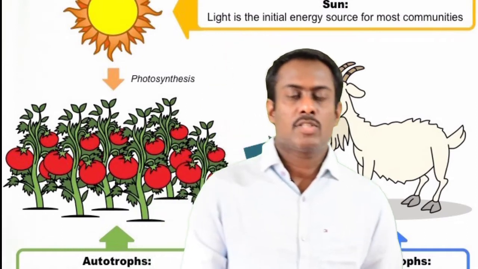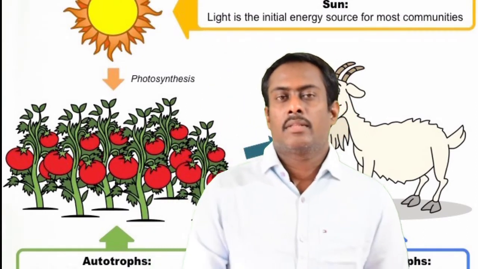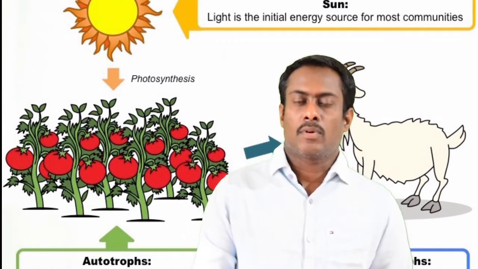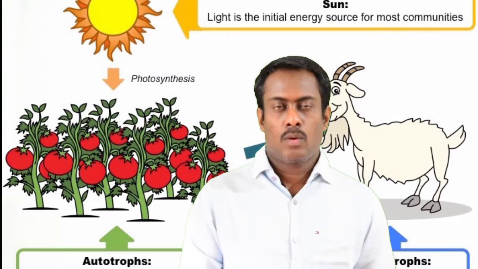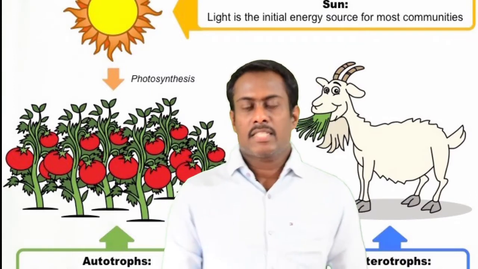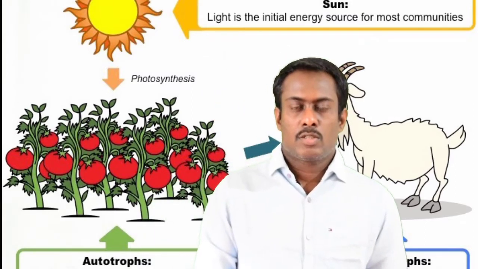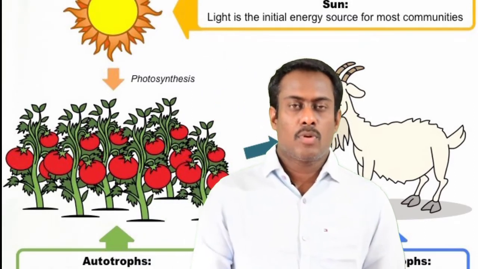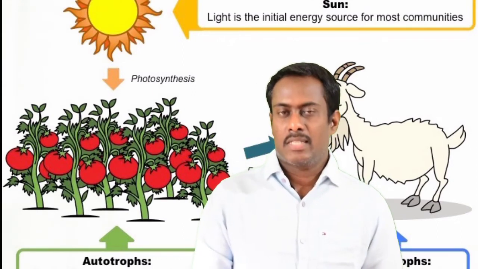Generally, green plants are able to synthesize their own food, and therefore they are called autotrophs. Auto means self, troph means nutrition. Energy is stored in the form of ATP molecules, adenosine triphosphate, in their cells.